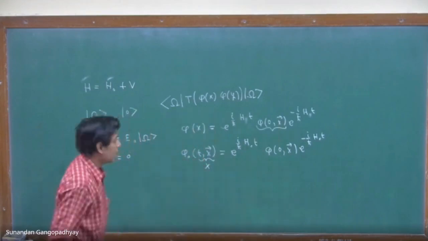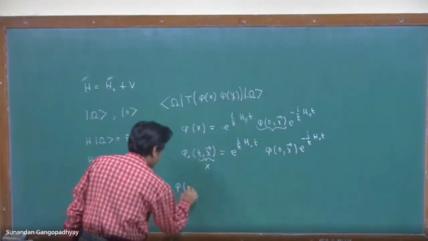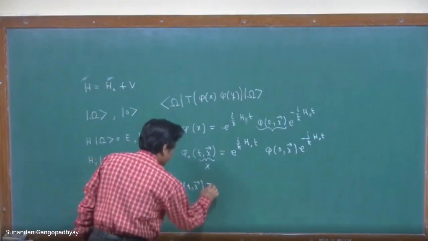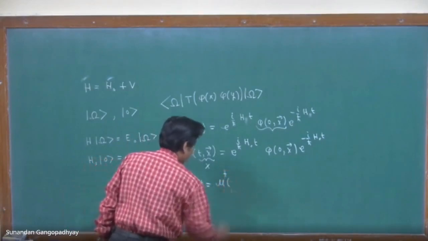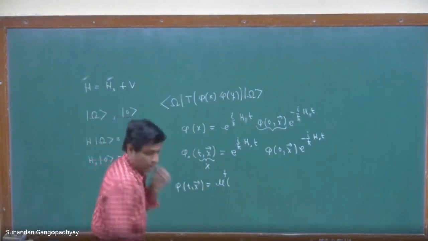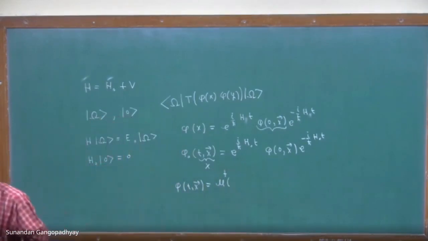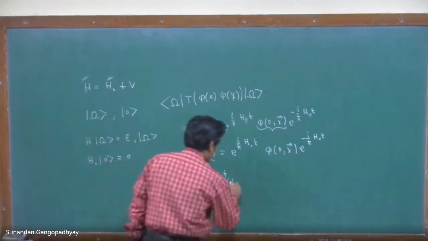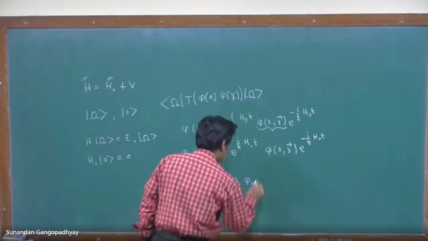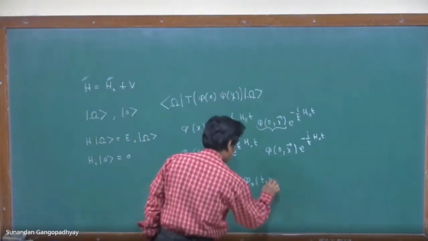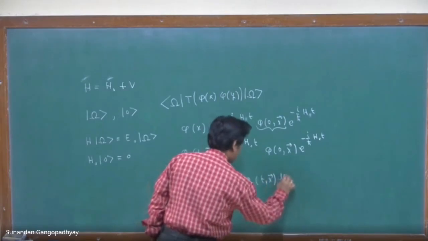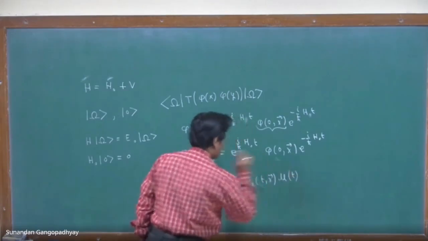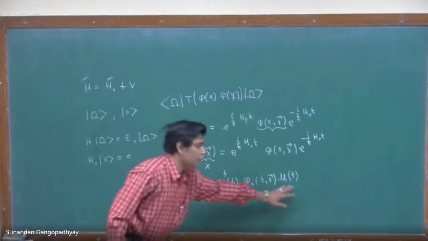If we do that, what we got was phi of t, x vector, you can write as U dagger of t, then phi naught of t, x, then U of t, where U has the standard form that we have already seen.